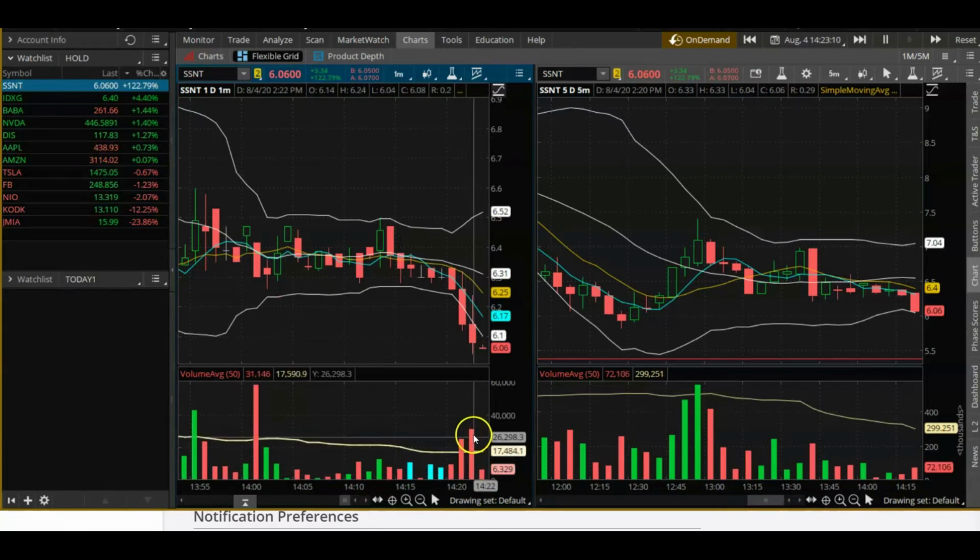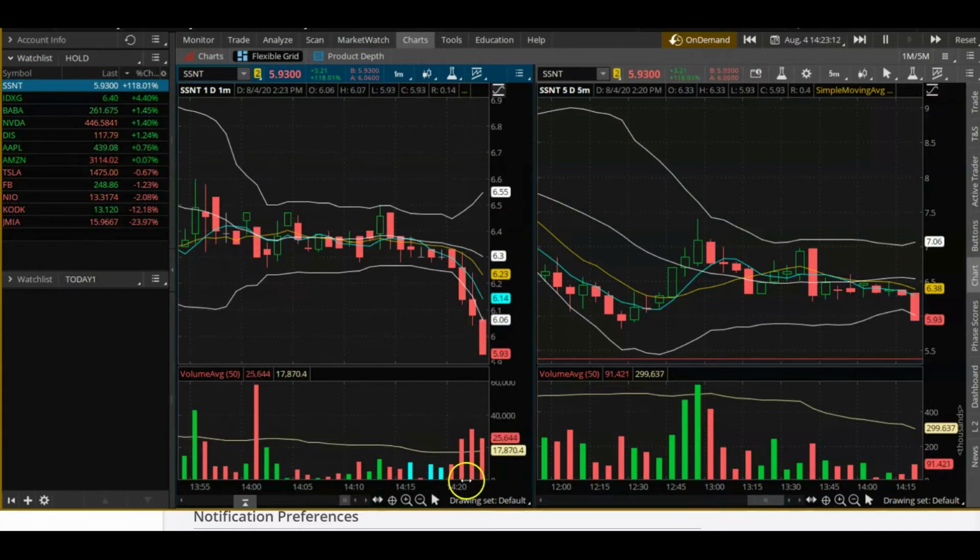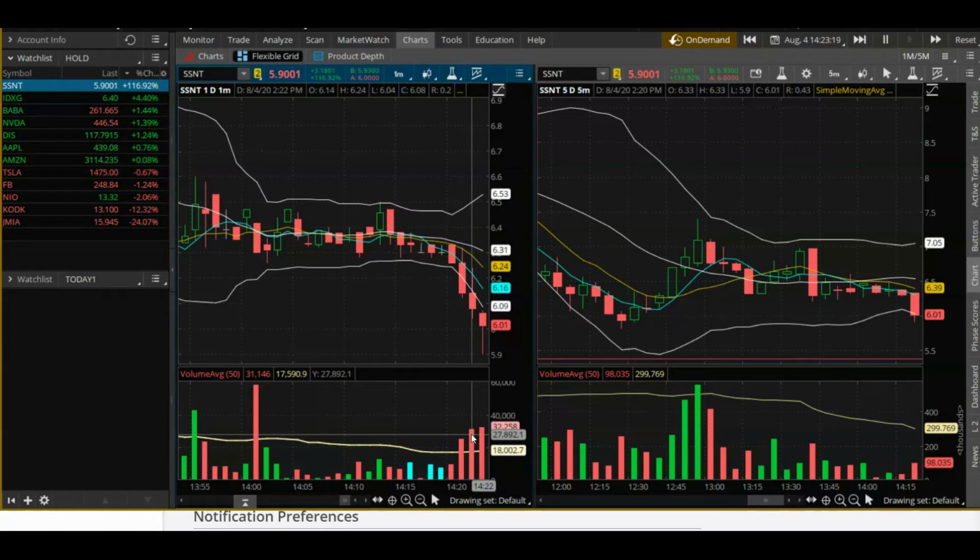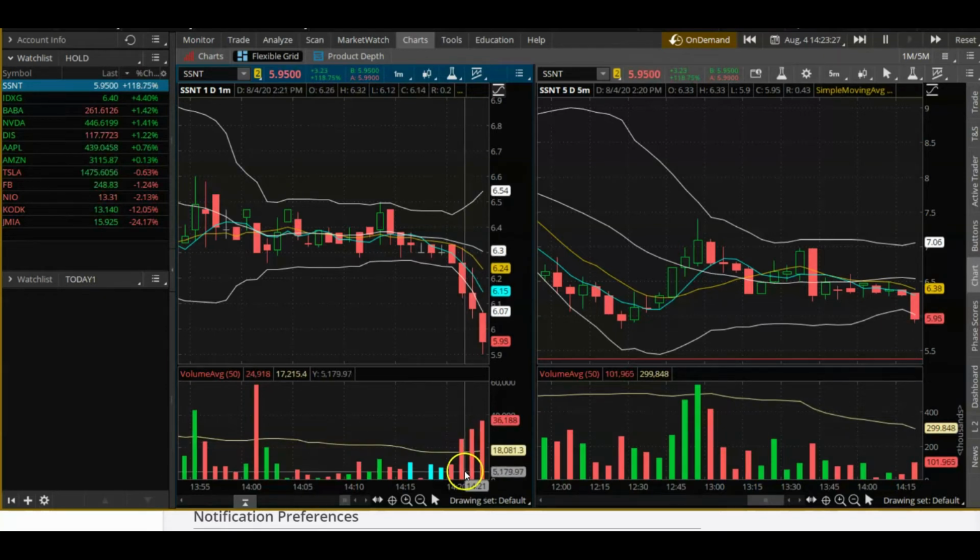Down here are my volume indicators, and it shows a great amount of selling pressure. So sellers push the price of a stock down, buyers push the price of a stock up. So right now there's a lot of selling pressure, and you can see here by these bars as it's broken above this line, which is my 50-day moving average.